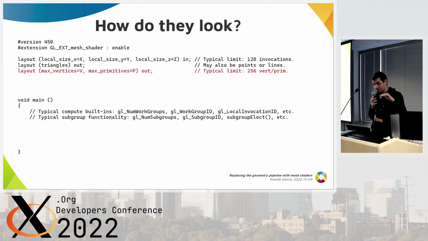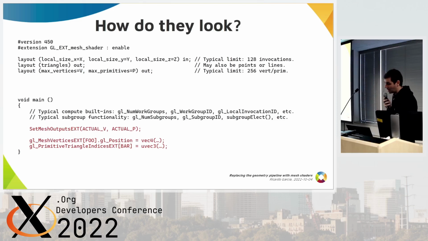And to handle big meshes with this, you will need several workgroups, and each workgroup will handle a piece of the whole mesh, obviously. In each workgroup, the local invocations are supposed to cooperate to generate arrays of vertex and primitive data.